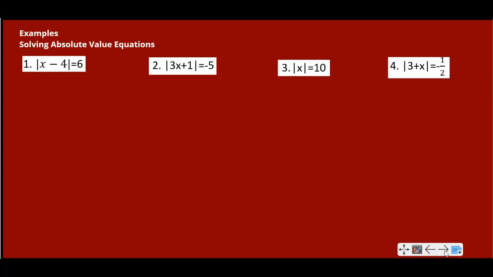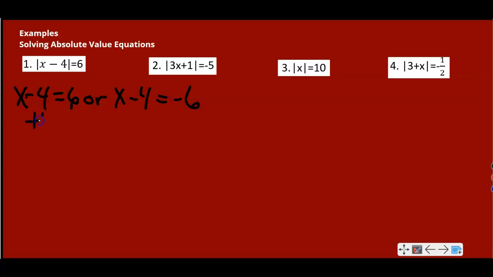All right, solving absolute value equations. Number 1, the absolute value of X minus 4 equals 6. The first thing I'm going to do is set up my two equations just like the property said. X minus 4 equals 6, or X minus 4 equals negative 6.